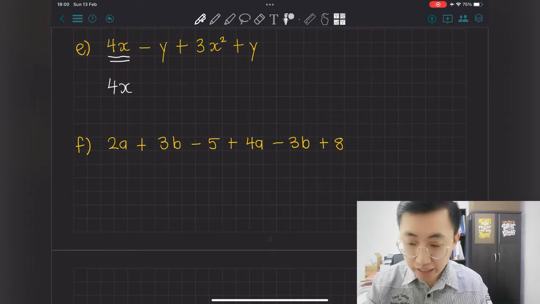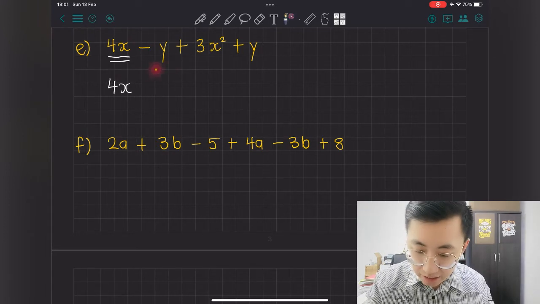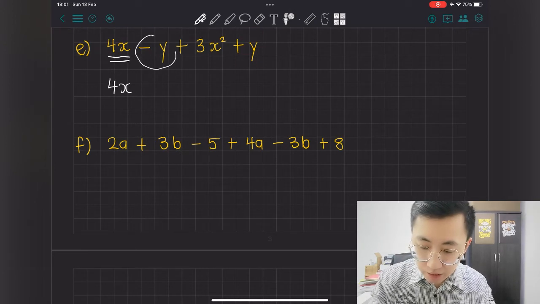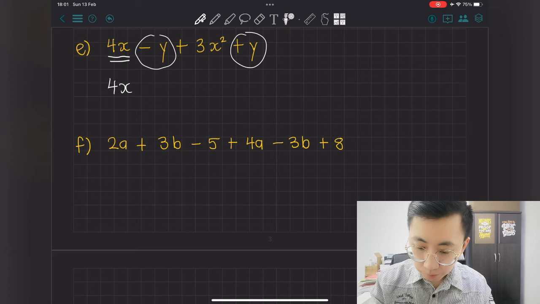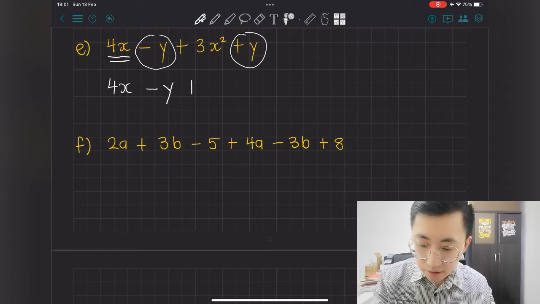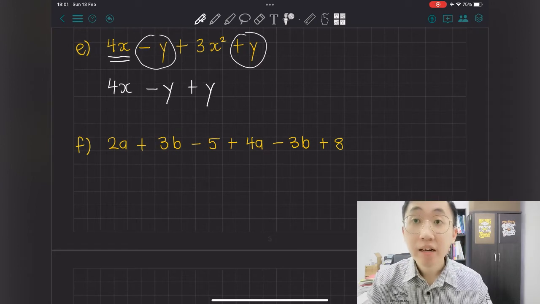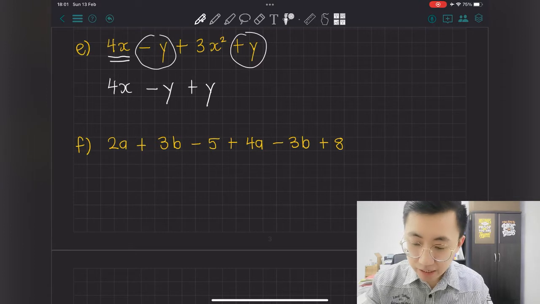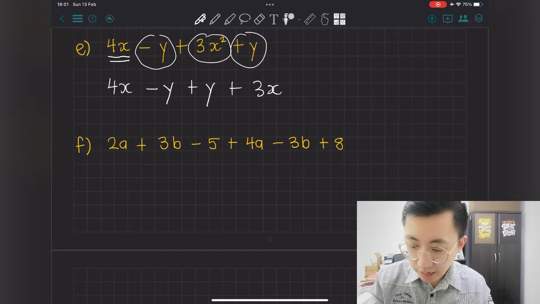Next, try to find the y family. I can see the y family here and this one. So I'm going to copy these two: minus y plus y. Finally the x squared family, this one, copy back, plus 3x squared.